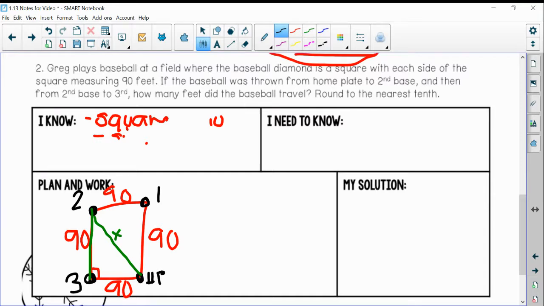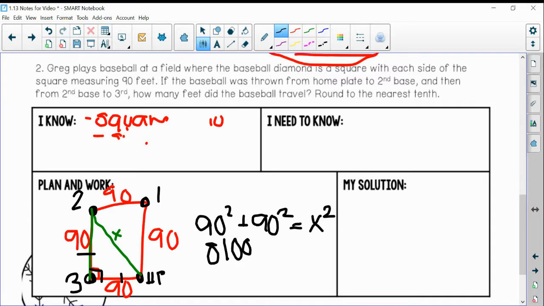So I have a right angle, and I have 2 of my 3 sides. So I know that our 2 sides that form our right angle, squared and added together, are going to equal that unknown home diagonal, so home plate to second. So I can go ahead and say 90 squared is 8100 plus 8100 equals our diagonal squared.